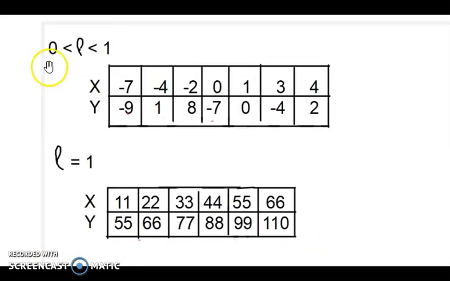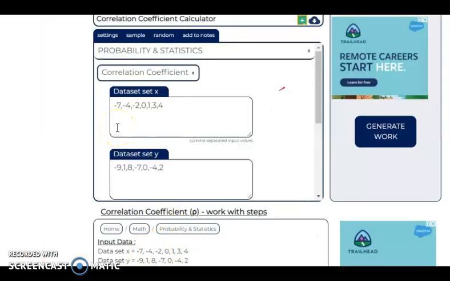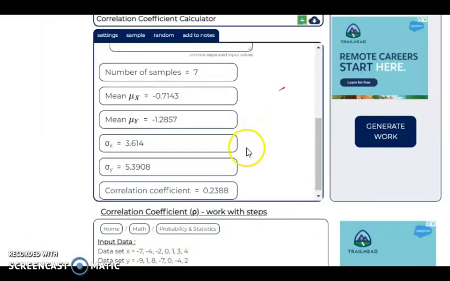If I want a weak positive correlation, I can put the X data in increasing order and the Y data in some mixed order: a decrease, then increase, then increase, then decrease, increase, decrease, increase. If I take these values and put them in the web calculator, I get this.